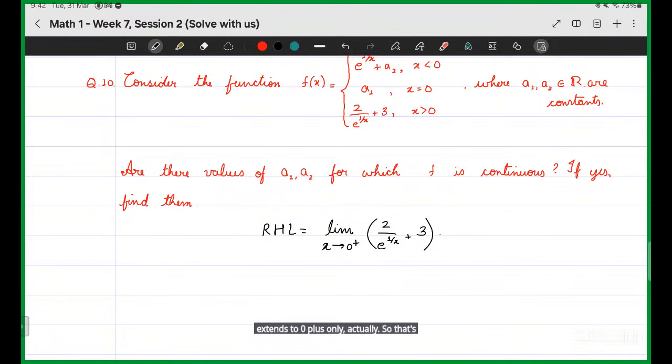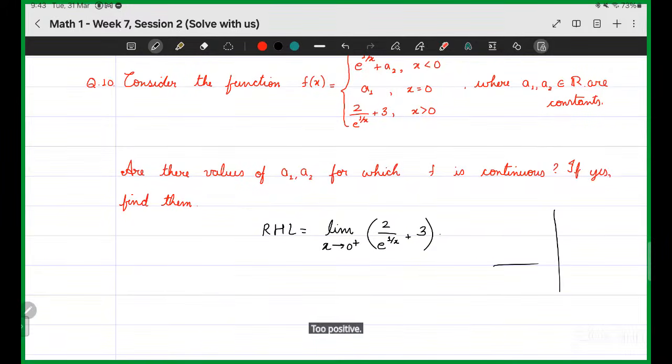So that's the point I'm trying to emphasize. Here e to the 1 by x, since we are approaching from the right, 1 by x will approach positive infinity.